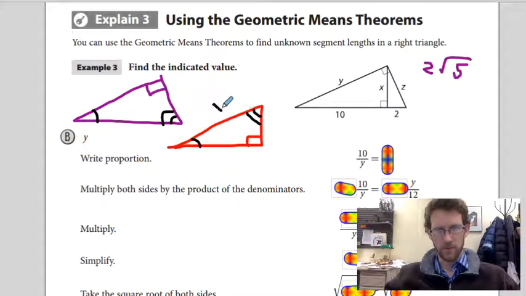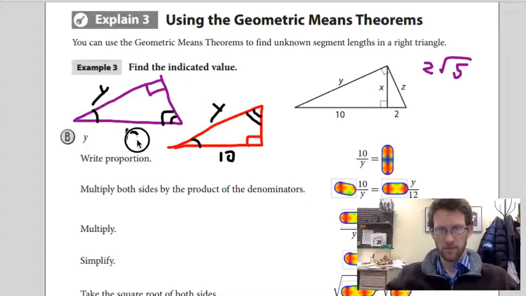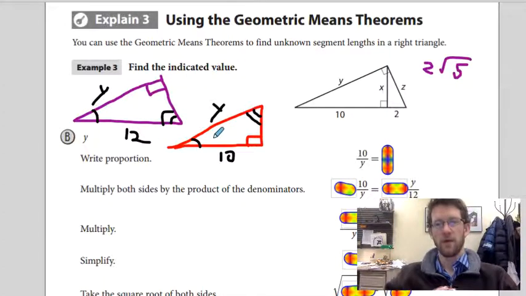Again, I know that this one is y. I know that this one is y. I know that this one here is 10. And so this side here is z. Oh, this one's 12. Yep. Okay, so we don't need to worry about the short side here of these triangles.